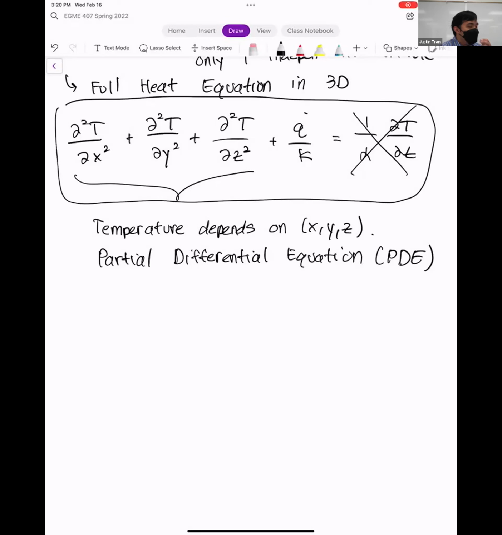To get solutions, you really have two options. One option is to solve this on a computer. We have great computational techniques like finite elements, and you can solve this in software like ANSYS.